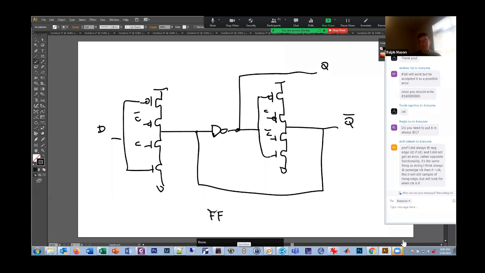No, that's not true. It's not a flip-flop. Actually, I'm gonna erase this.